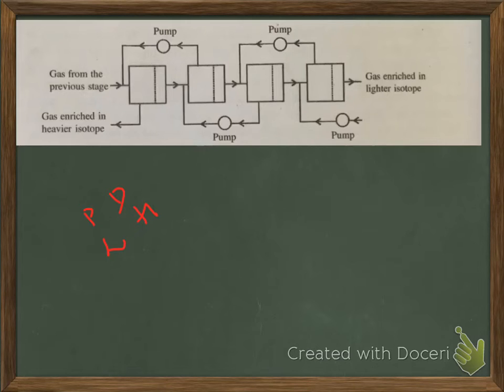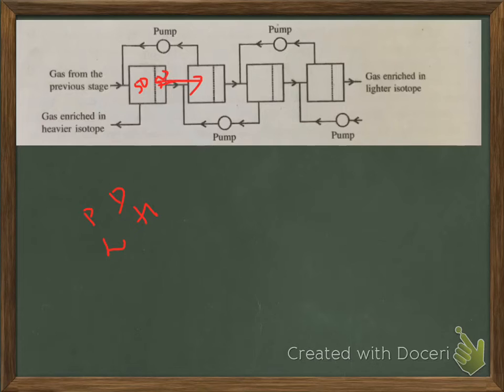Here we have a mixture of two isotopes in the ratio 1:1, that is 50% protium and 50% deuterium. Lighter isotope, that means protium, has a tendency to diffuse into this evacuated chamber more than the heavier one.